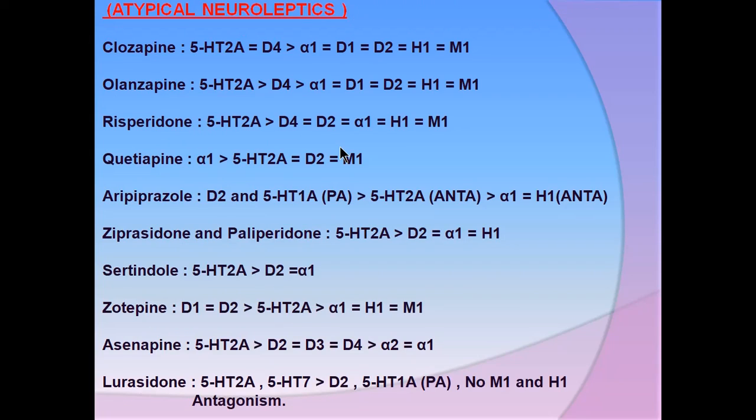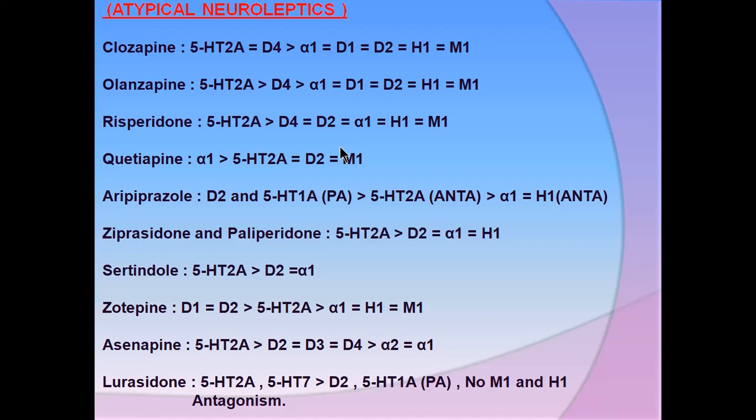Now coming to next group, atypical neuroleptic drugs. Following drugs with their respective receptor binding affinity for different receptors which are responsible for their therapeutic as well as adverse effects.